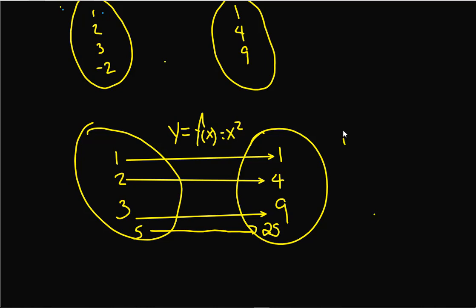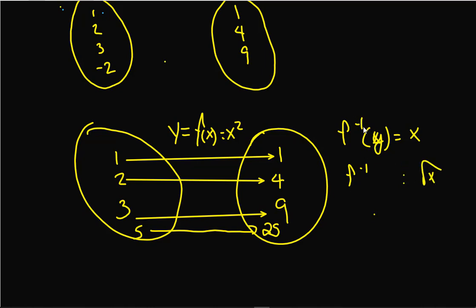What is this inverse function? I guess we want to write y equals x. What is this function though? I think it's pretty clear that f inverse is the square root of x.